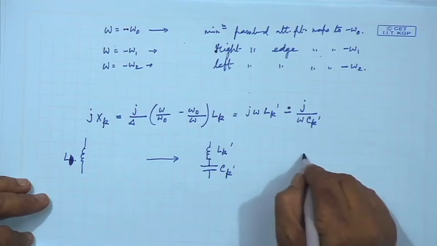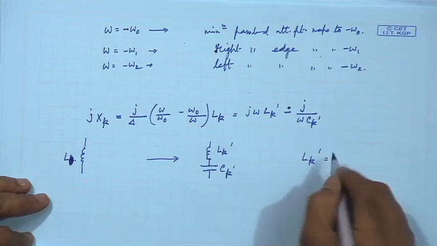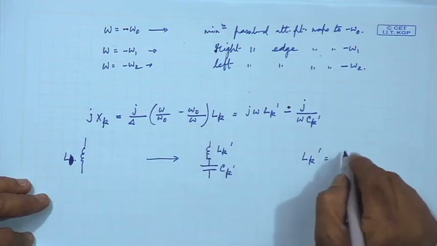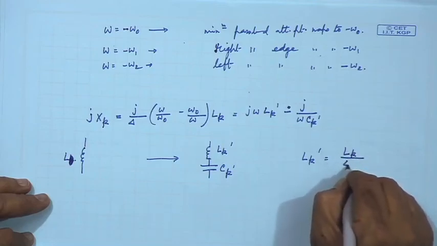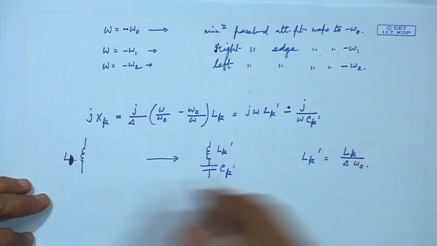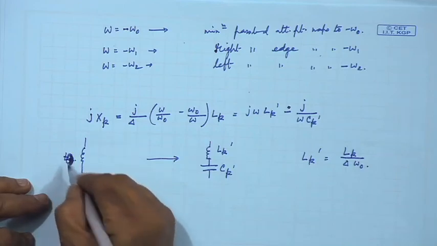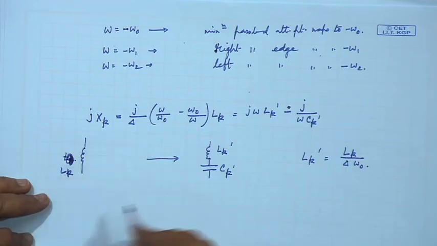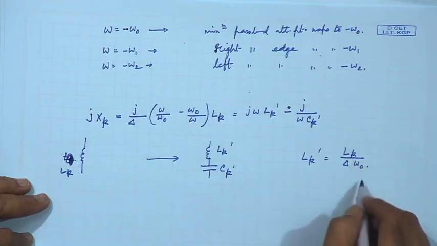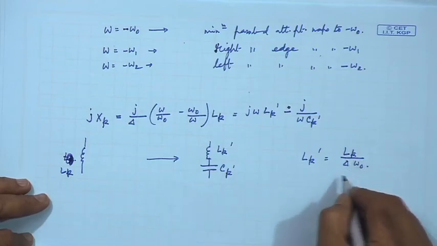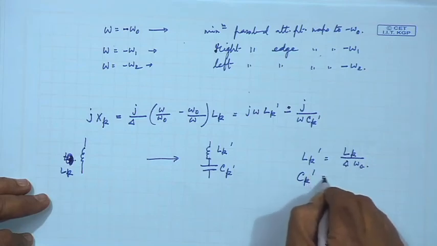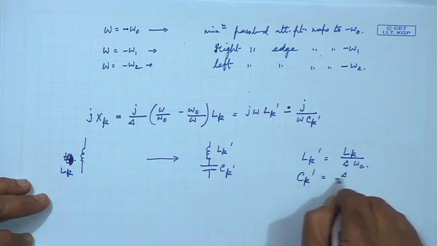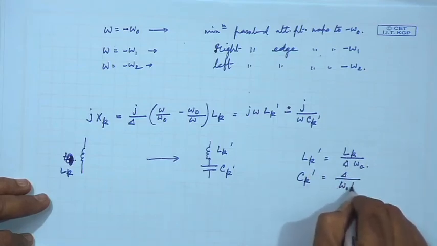Lk dashed and Ck dashed in series. And what is the value of this Lk dashed? If you just compare, Lk dashed is Lk by delta omega naught, sorry, Lk dashed is Lk by delta into omega naught, and Ck dashed is equal to delta by omega naught Lk.